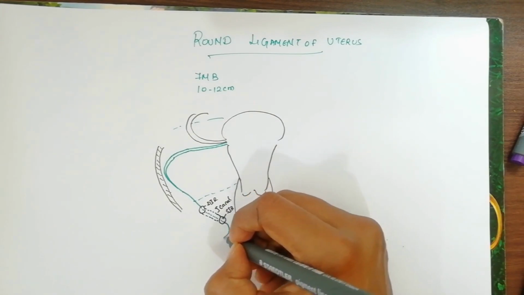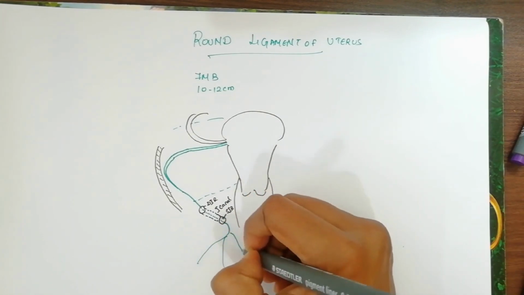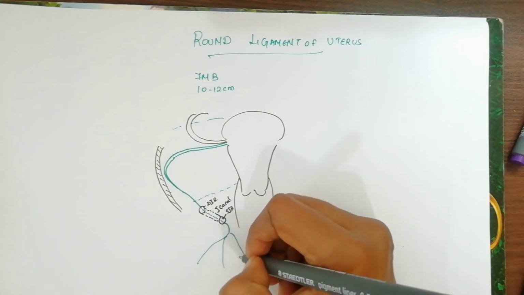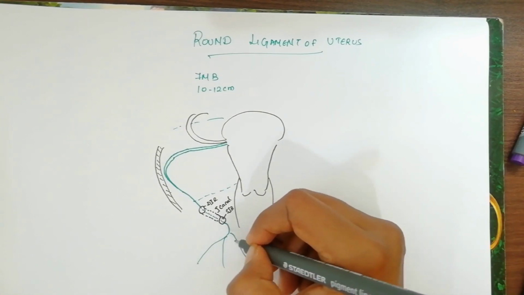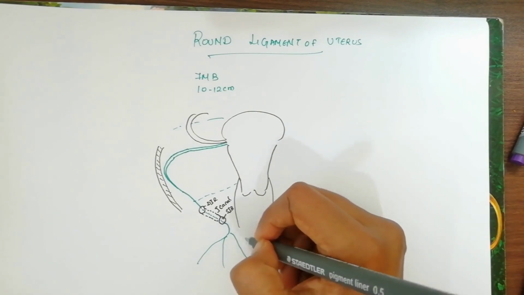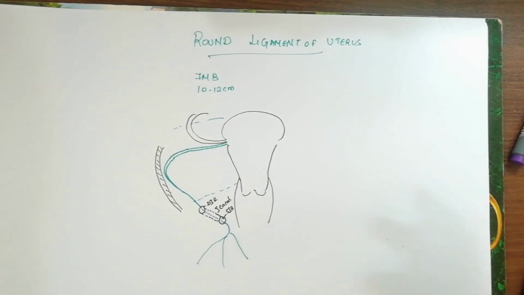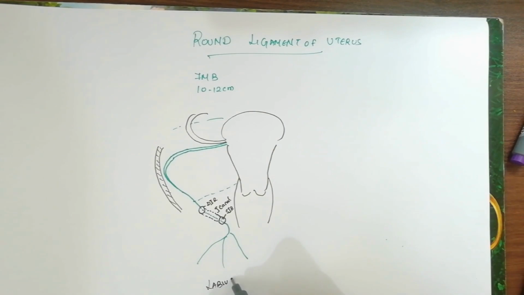It is coming out and getting split into many fibrous bands or threads. It is going to divide into many fibrous threads, and these fibrous threads are getting attached to subcutaneous tissue. So it is getting attached to the labium majus.